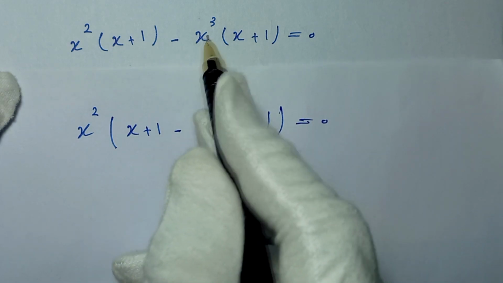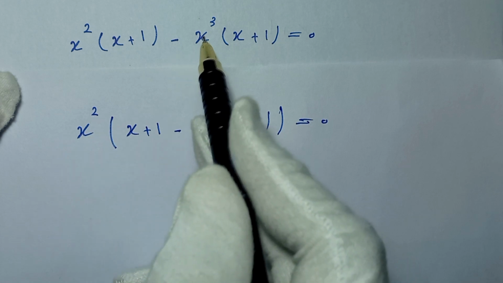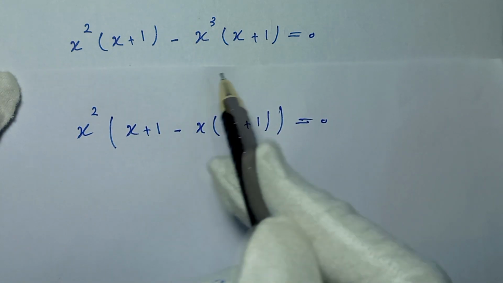In here, x cubed divided by x squared, it will be x, and x times x plus 1.